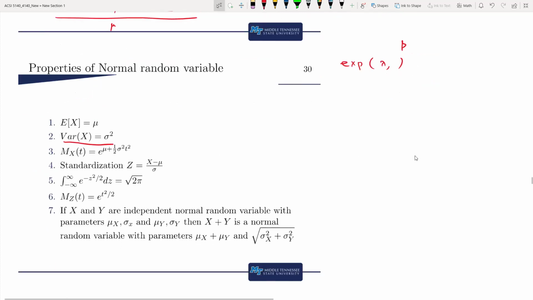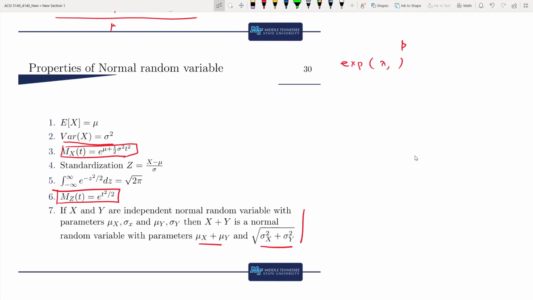So here I have several homogeneity functions. If you don't know about that, you can leave it as it is. The last one says if x and y are independent normal random variables with parameters mu x and sigma x, mu y and sigma y, then x plus y is normal with mean mu x plus mu y, and the variance is sigma x squared plus sigma y squared.